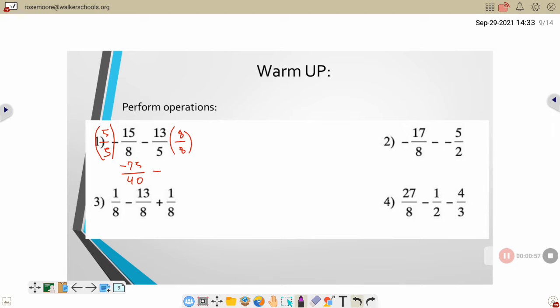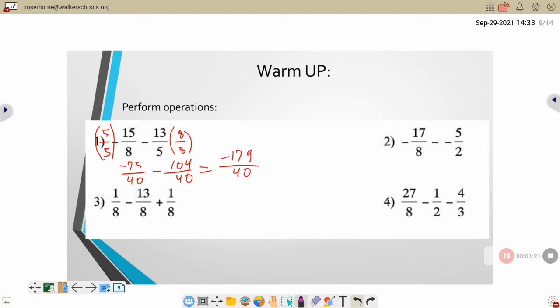And we'll take my negative 13 times 8 and get negative 104 over 40. Now that the denominators are the same, I can just do negative 75 minus 104, and I get the glorious number, negative 179 over 40, which is not reducible.